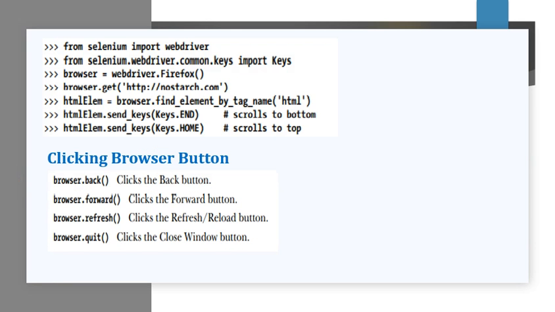Instead of writing the entire thing every time, it is easier if you write it like this. At the top of your program, we can write from selenium.webdriver.common.keys import Keys. Then whenever you want to send special keys, you just have to write Keys.END, Keys.HOME.